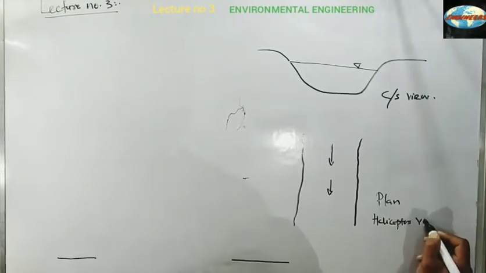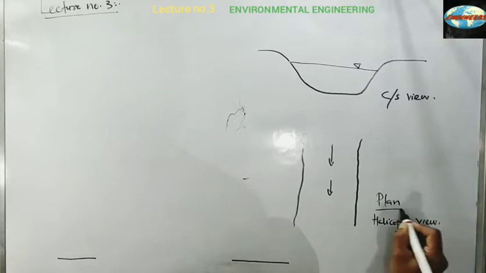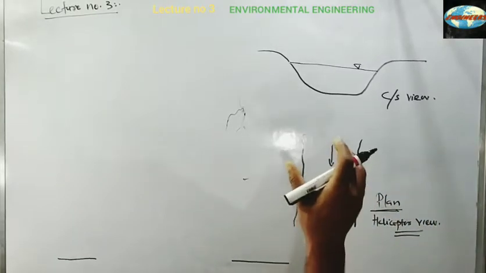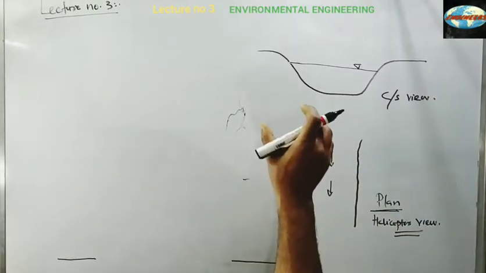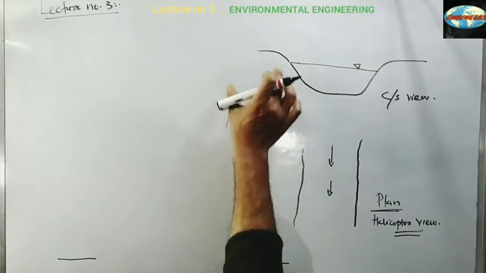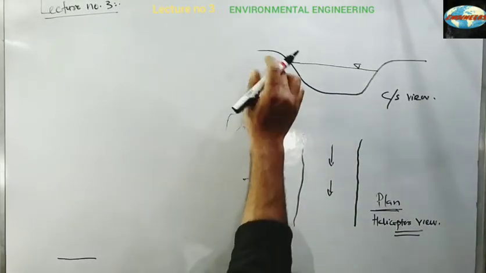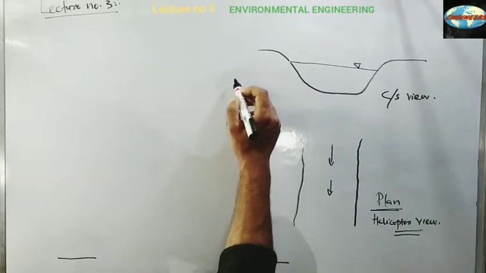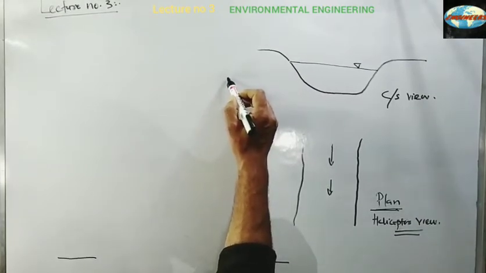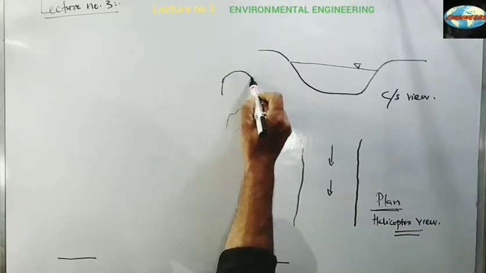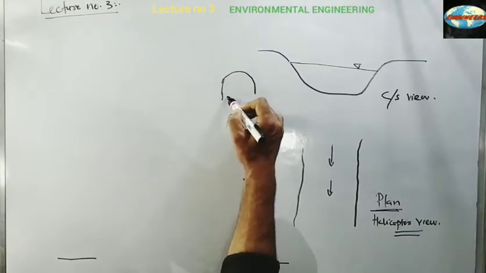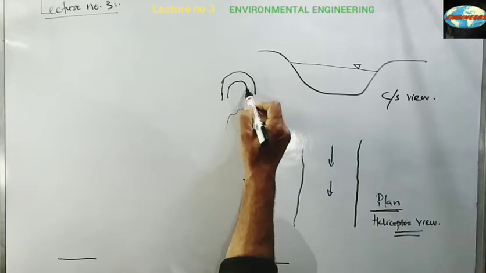Now what we do is construct some horizontal tunnels nearby to this river at some shallow depths. For example, if I show you a horizontal tunnel in cross-sectional view, this is my tunnel, which I call the infiltration gallery.